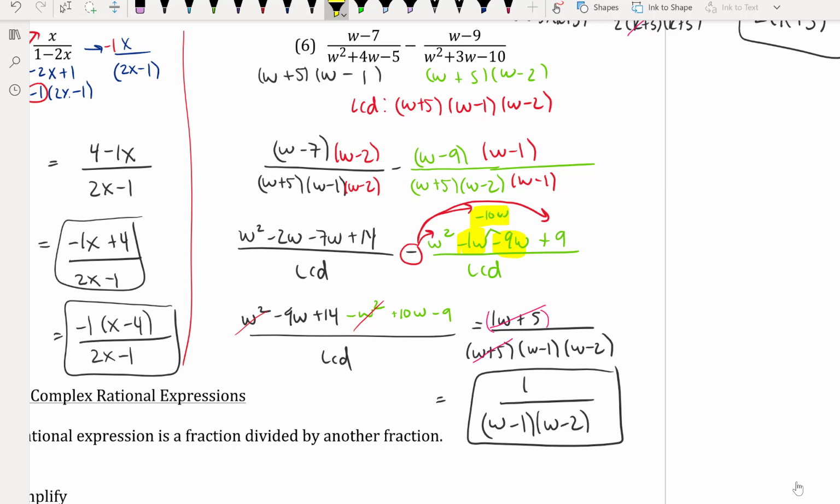And rewriting the least common denominator, I saw that the w plus 5 canceled. And remember, whenever everything cancels in the numerator, you can always default the numerator to have a 1 in it as a placeholder. So I have as my final answer 1 over w minus 1, w minus 2.